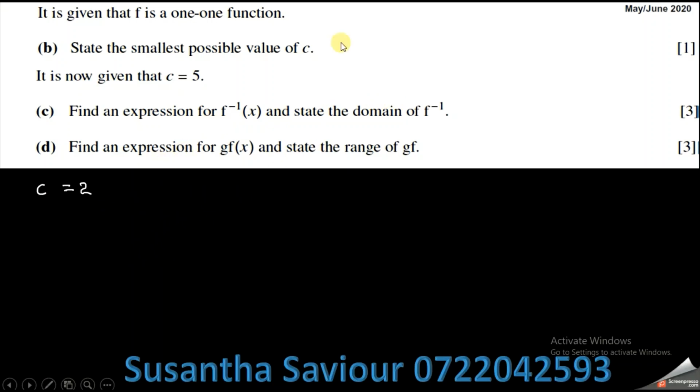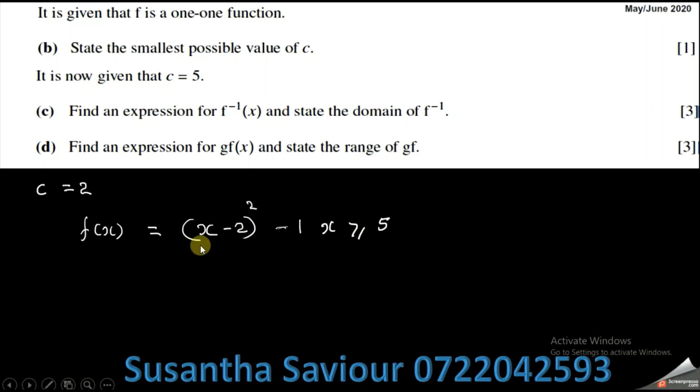For this part c is equal to 2, fx equals x minus 2 squared minus 1. If x is equal to 5, fx is equal to 5, when you apply it here, fx will be 8. So my minimum value according to this domain restriction is 8.